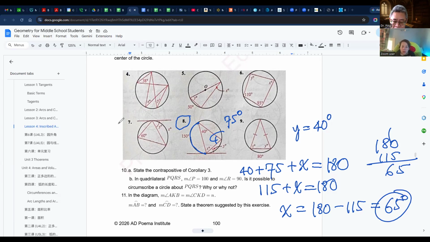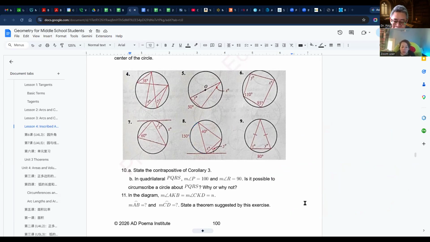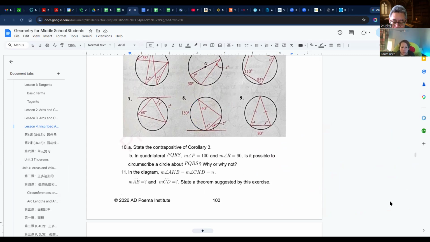All right, let's do number 9. X and Y would both be 70.